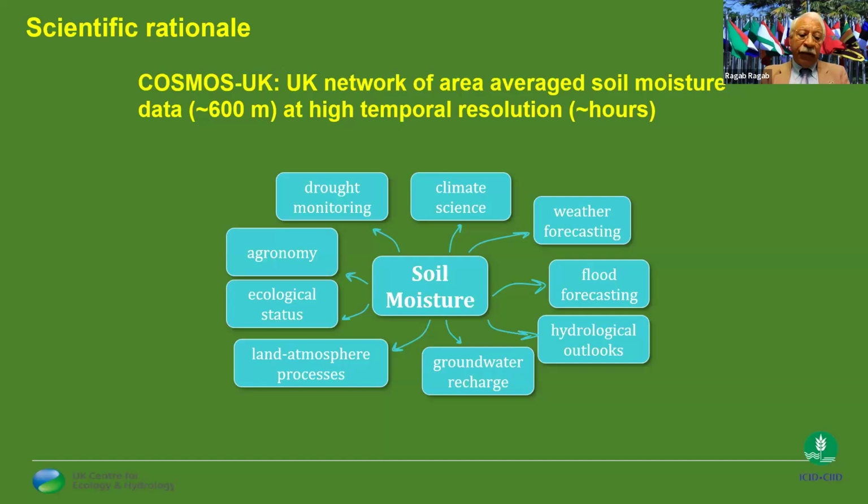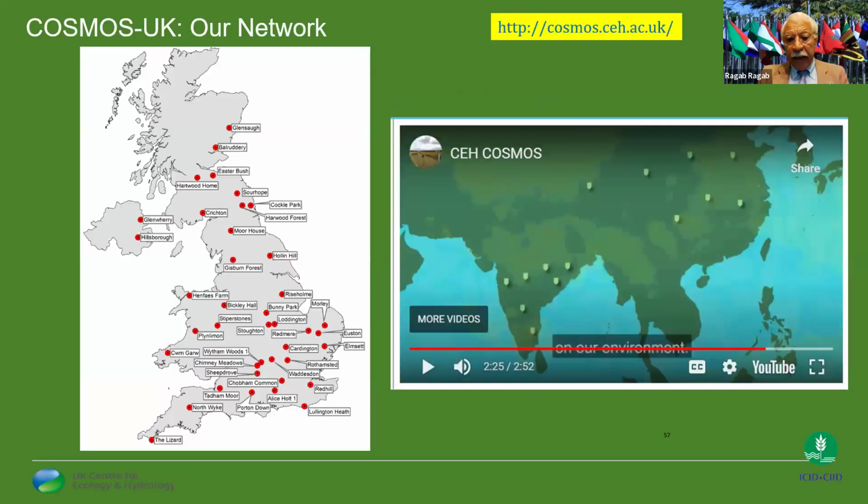If you are a farmer, you could maybe delay the sowing date and your farming activities until the runoff is over. So there are different applications for the Cosmos soil moisture measurements.